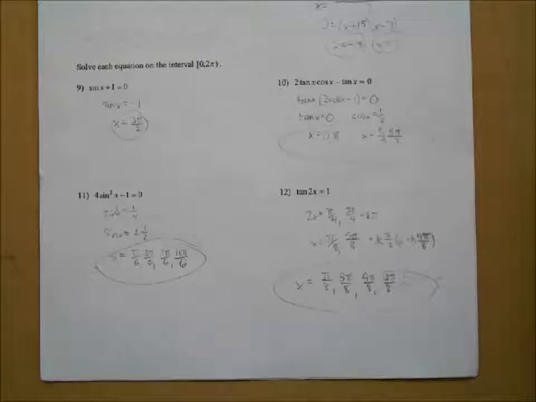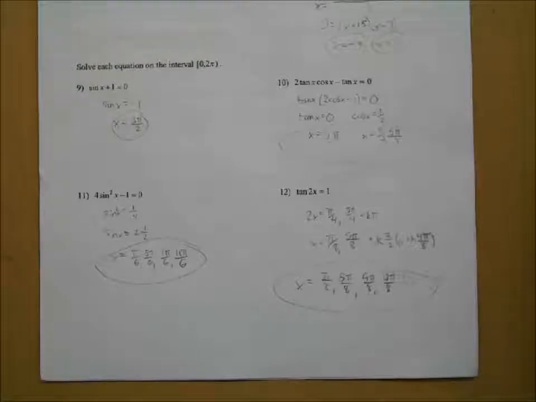Sine of x equals negative 1 at 3 pi over 2, since the answer is between 0 and 2 pi. For 10, you have to factor out a tangent. And then that'll be 2 cosine x minus 1. Since it's equal to 0, you can set each factor equal to 0 and solve. So you get 0, pi, pi over 3, and 5 pi over 3. Number 11, you add the 1 and divide by 4, and then you square root both sides. You should end with plus or minus 1/2 here, resulting in 4 solutions, right? Pi over 6, 5 pi over 6, 7 pi over 6, 11 pi over 6.